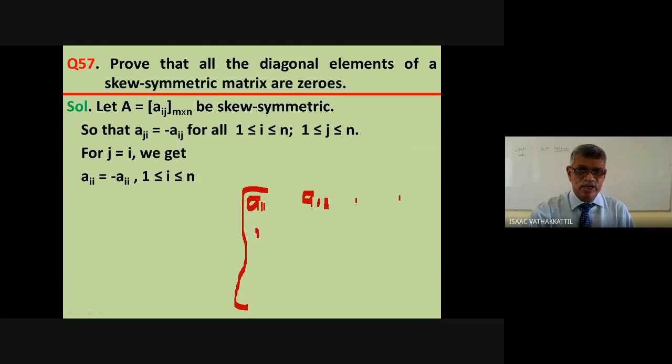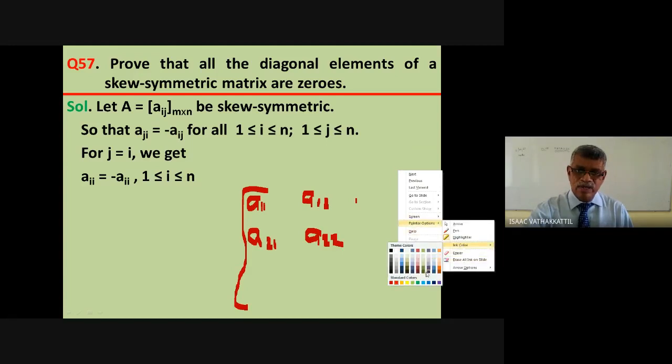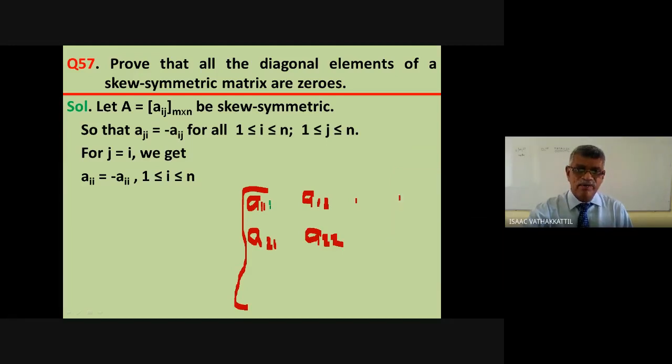When you take the second row, a21, then you have a22. What are the diagonal elements? Diagonal elements are a11, then a22, and then a33, and so on.